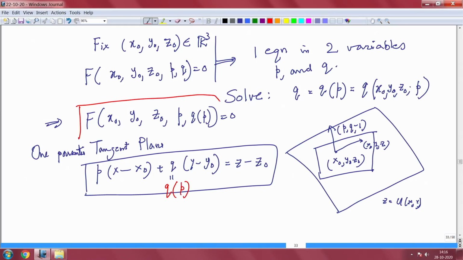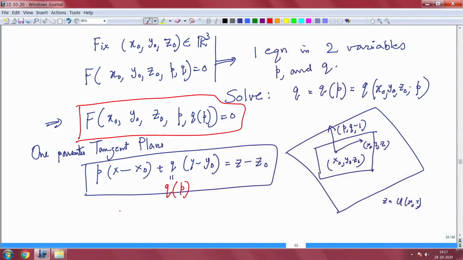Just imagine now the geometry. You have a fixed point x naught, and on that point you have a plane. When p changes, you will have another q, and another tangent plane. So there will be planes passing through this point, and as p changes, you get a one parameter family of planes.